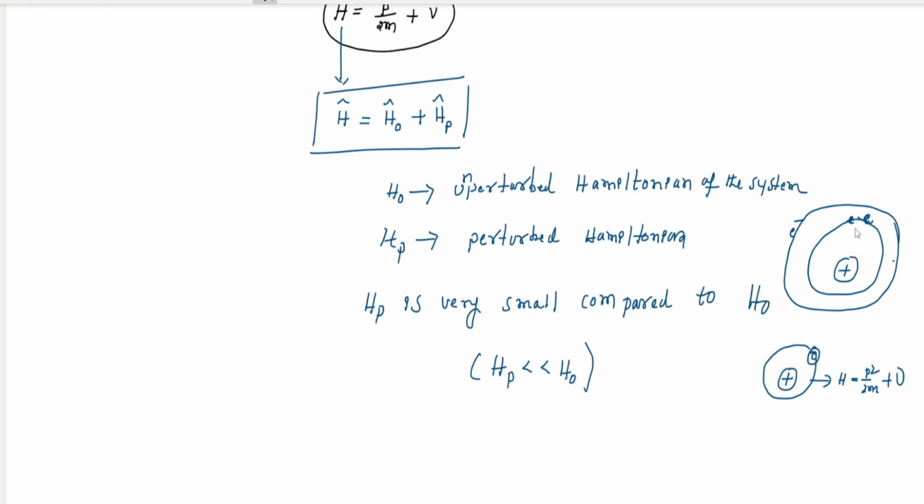Whereas in the case of a system having two electrons, this is electron 1 and this is electron 2. Generally, in the ideal system, we consider the electron 2 and nucleus interaction, and the electron 1 and nucleus interaction. We are not considering the electron-electron interaction in the general ideal system solution.